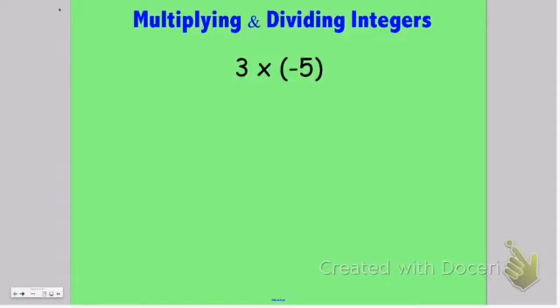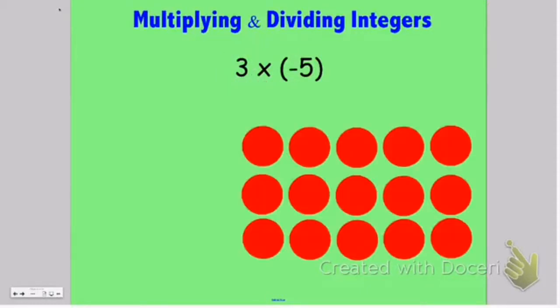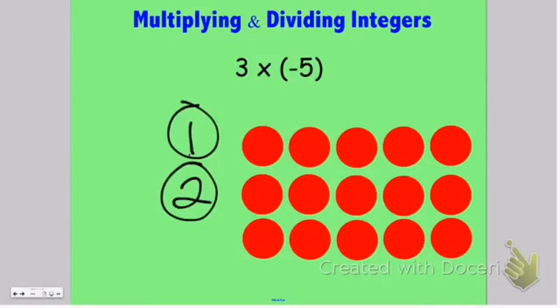So in this problem right here, we have 3 copies of, or groups of, -5. As you can see, I have gone ahead and made 3 groups. Here's 1, 2, 3 groups of -5.